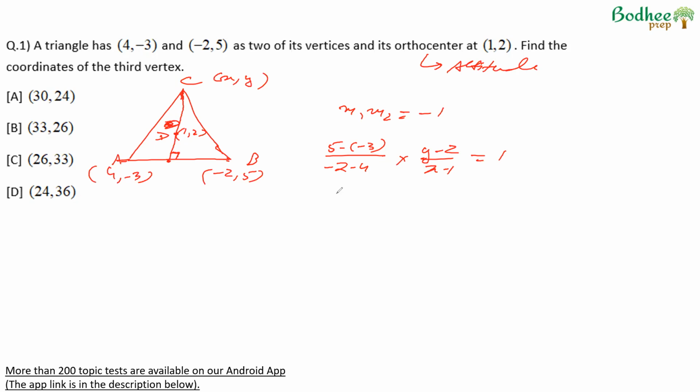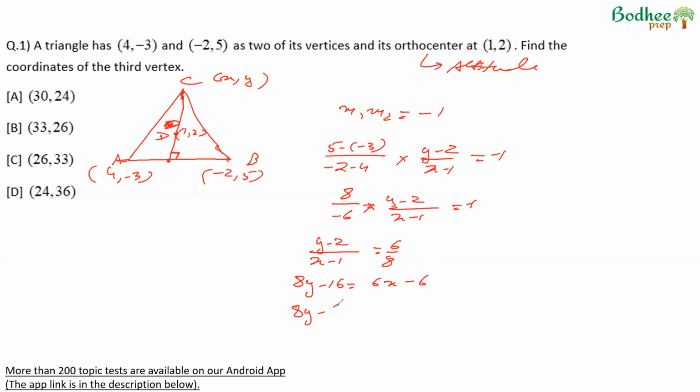This comes out to 8 upon minus 6 into y minus 2 upon x minus 1 is equal to -1. Therefore, y minus 2 upon x minus 1 will be equal to 6 by 8, which means 8y minus 16 is equal to 6x minus 6, or 8y minus 6x is equal to 10.